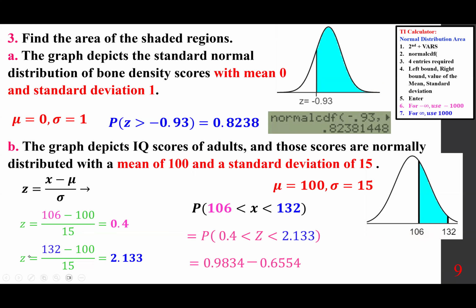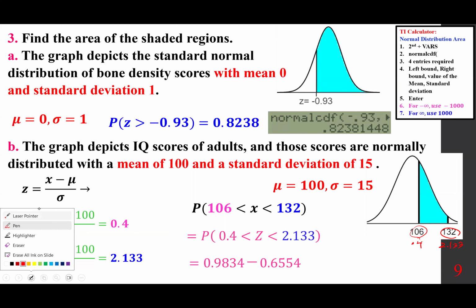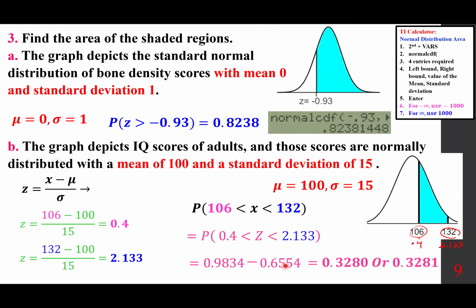So this corresponds to 0.4, and this corresponds to 2.133. So the area all the way from negative infinity to 2.133 is this number, minus the area all the way to here is this number. That's how you arrive at it. And you're done with that, or you can use technology. That's pretty straightforward. I hope everybody is okay with that.